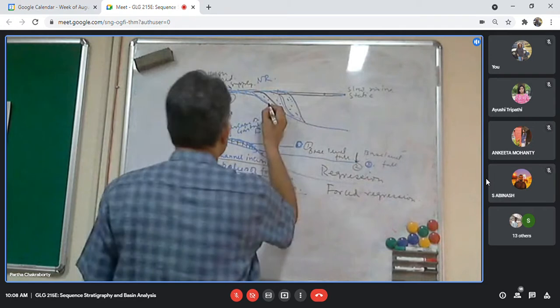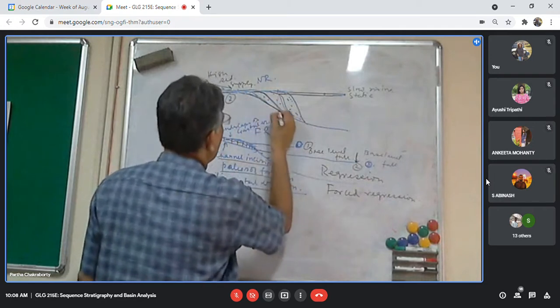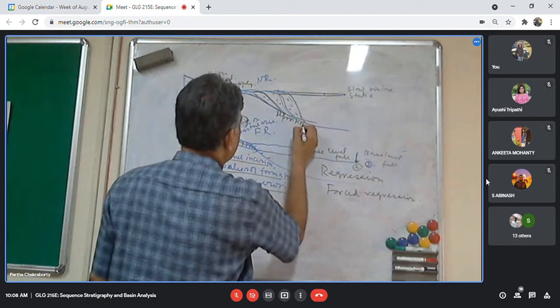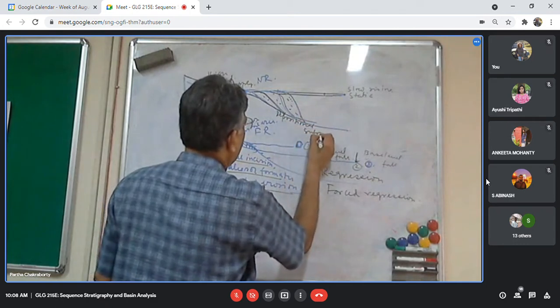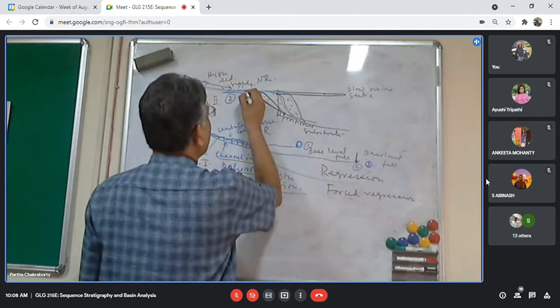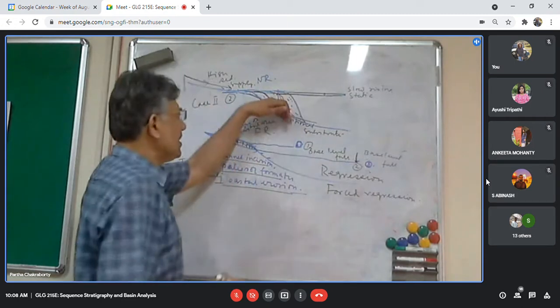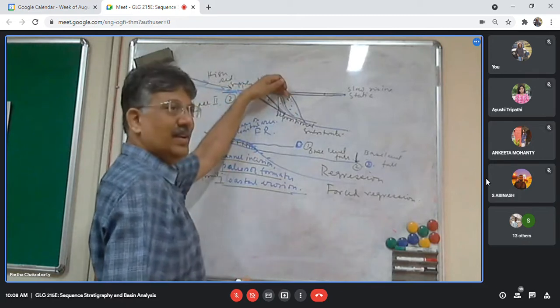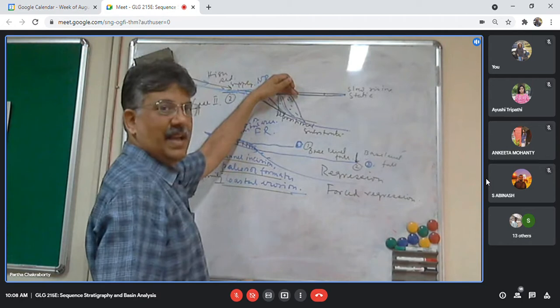So in the process, what will we have? If this is your original depositional substrate, this depositional substrate will rise here. Now it will come here because this surface has gone up because of the filling of the basin. So this is the depositional substrate now.